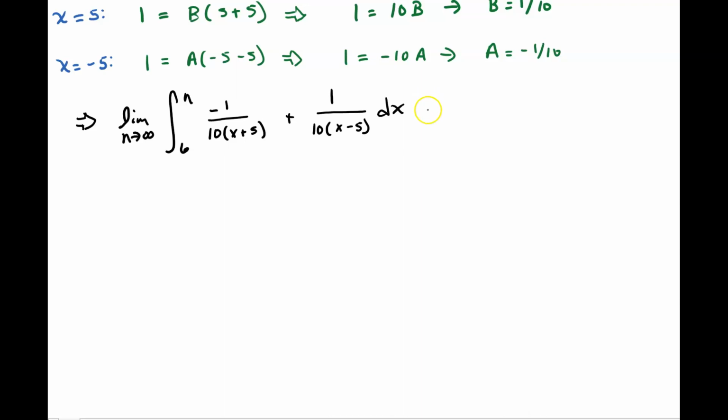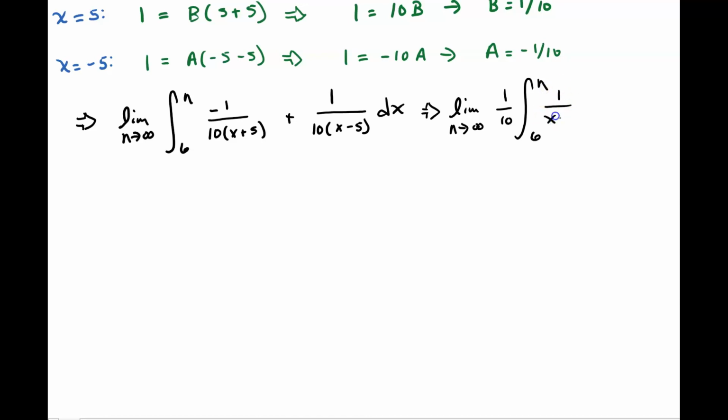So now I'm going to try to simplify this just a little bit. By doing so, I'm going to factor out the 1/10 from all of this. So again, we still stick with our limit, but I'm going to factor out the 1/10 from the integral, and it's still from 6 to n. Now I'm going to move this around just a bit.